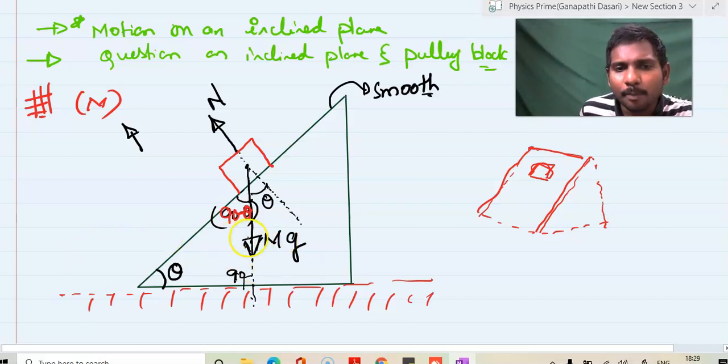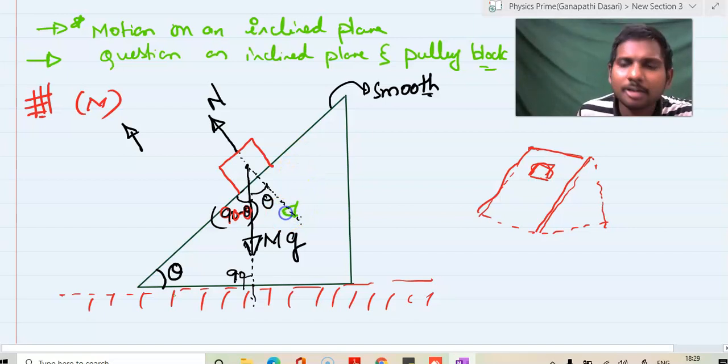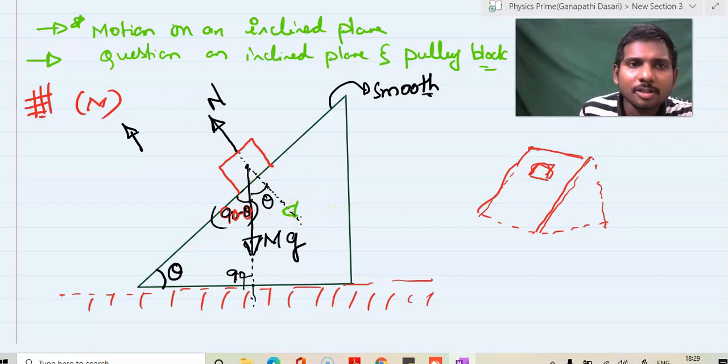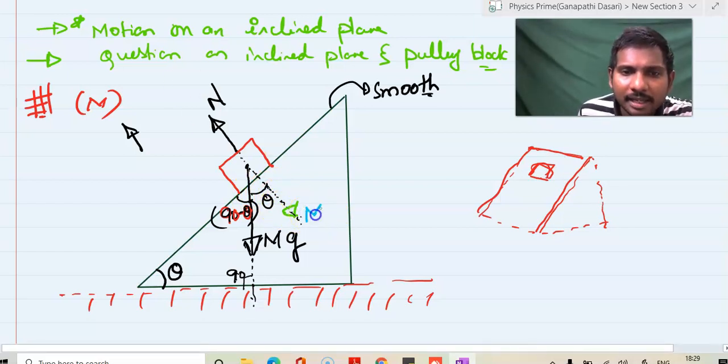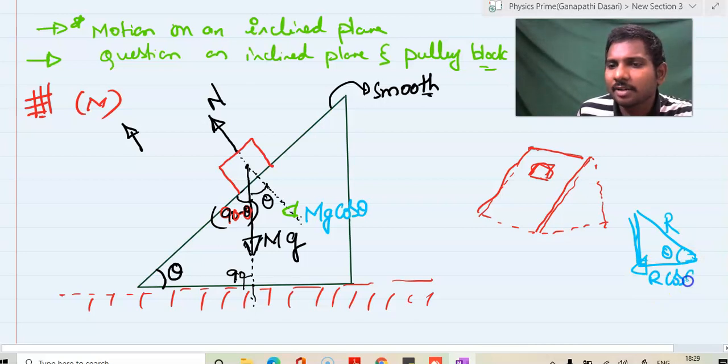So what will be the component of mg in the direction perpendicular to the inclined plane? This is the direction perpendicular to the inclined plane. So mg and this is theta. According to resolution, this will become mg cos theta. If you know a triangle like this, a triangle of forces, this is r, this is theta. If r is resolved in this direction, this will become r cos theta.